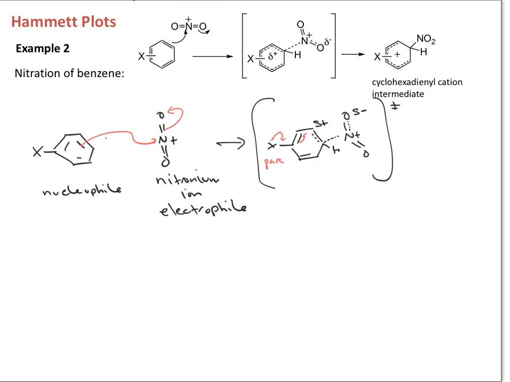And this would tell us that if X was an electron donating group, this should greatly speed up the reaction.